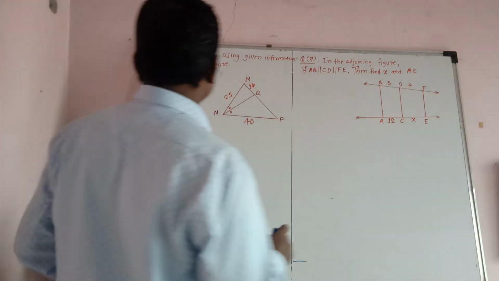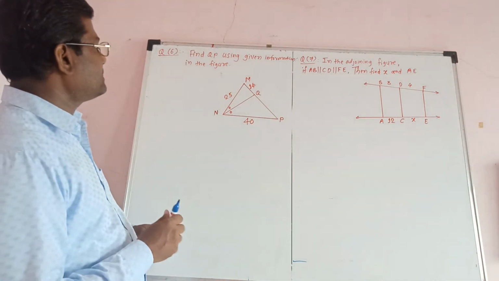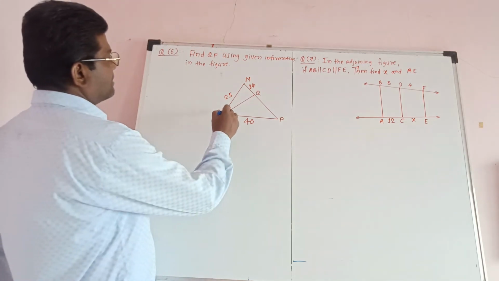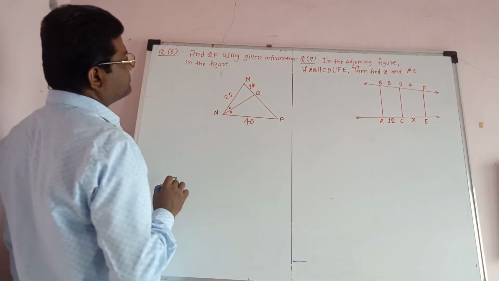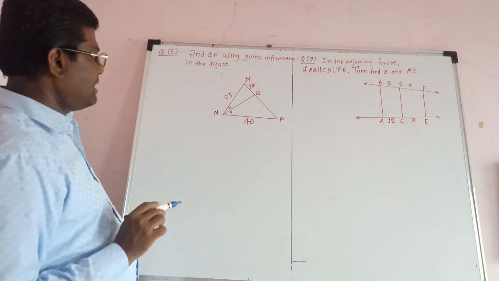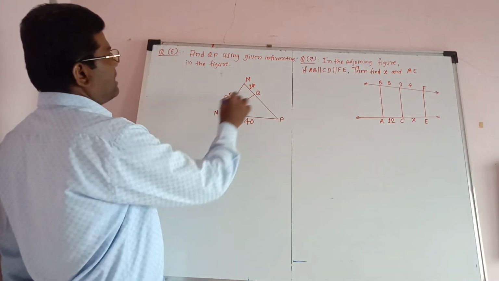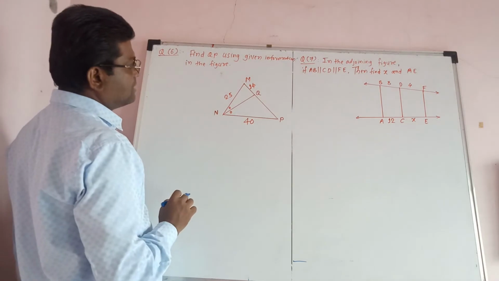Number 6. Find QP using given information in the figure. In the figure, ray NQ bisects angle N, and we have given MN 25, MQ 14, NP 40.